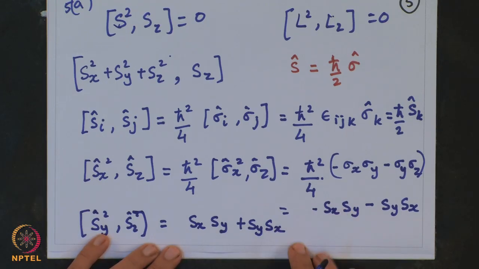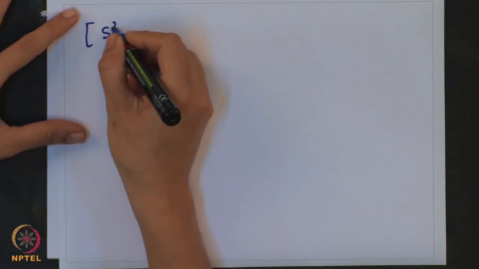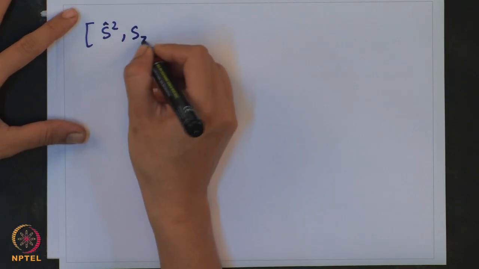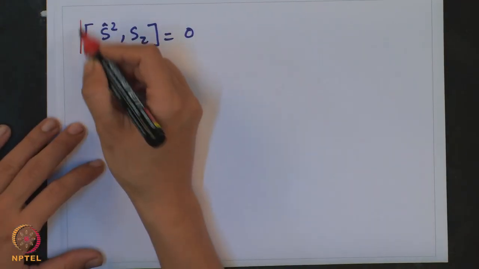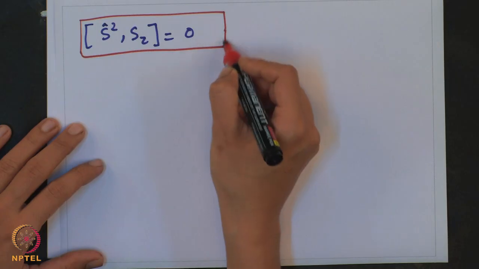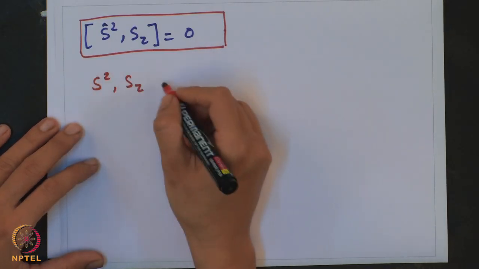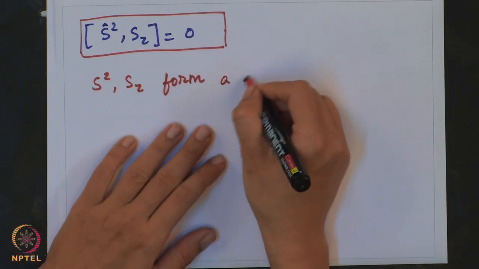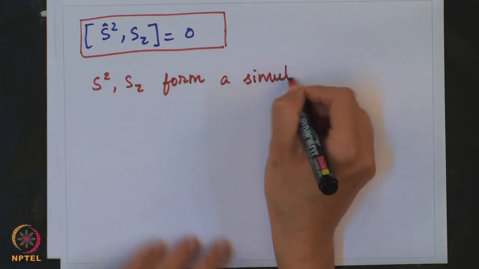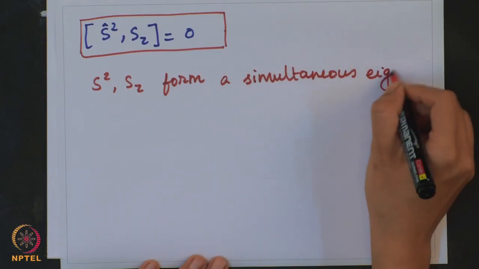So, when you add these, the final answer is that the commutator of S square with Sz is 0. This is an important result, and this result means that S square and Sz form a simultaneous eigenket.